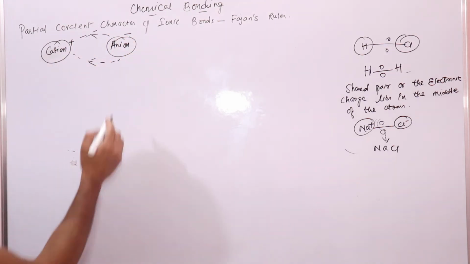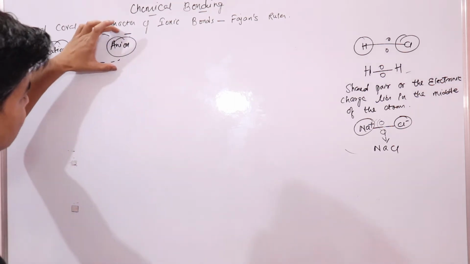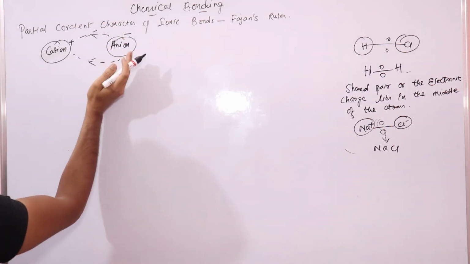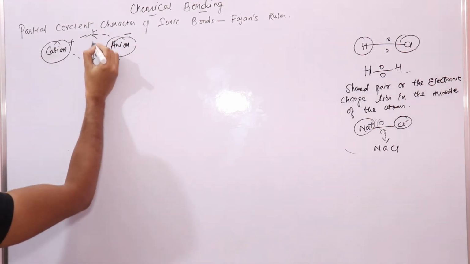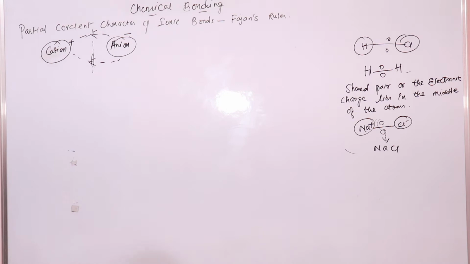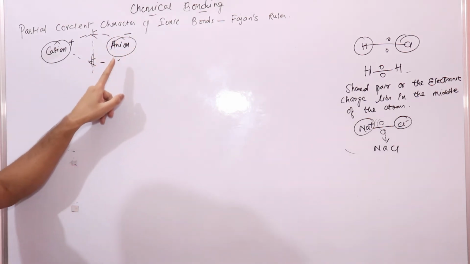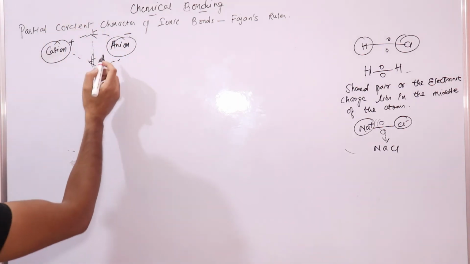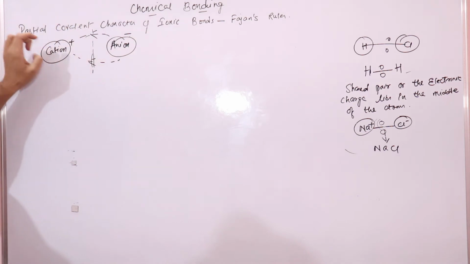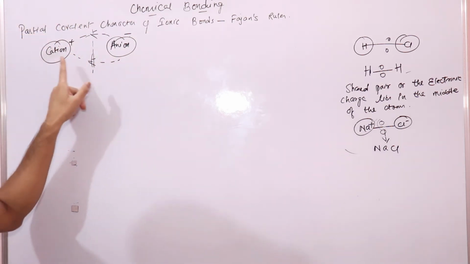In doing so, it will displace the electron cloud of the anion towards itself. I'll repeat: the cation will displace the electronic charge of the anion towards itself, so the electronic charge will come somewhere between cation and anion.